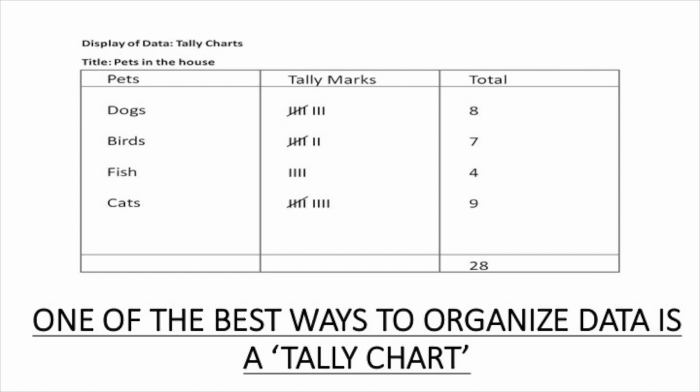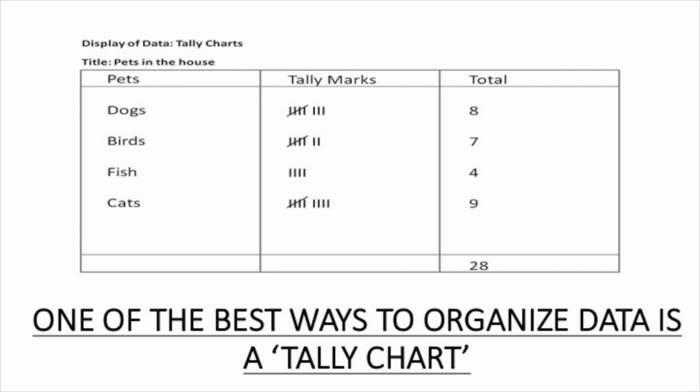One of the best ways to organize data is a tally chart. Yes, you can see here we have a tally chart. What's the title of our tally chart, guys? Like our one yesterday, pets in the house.